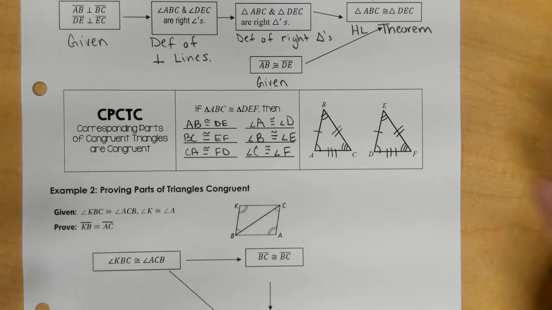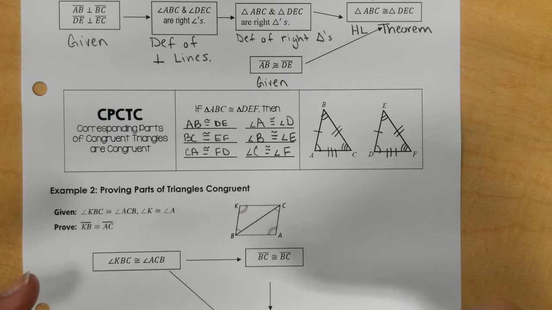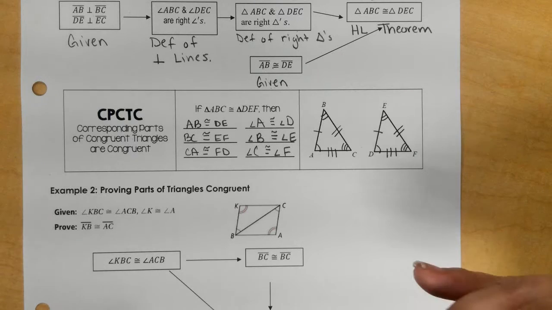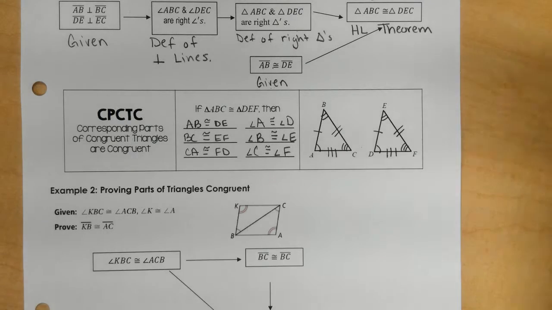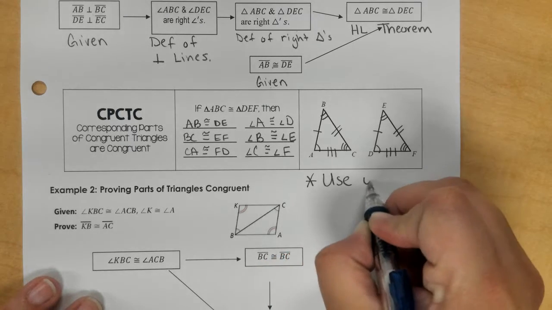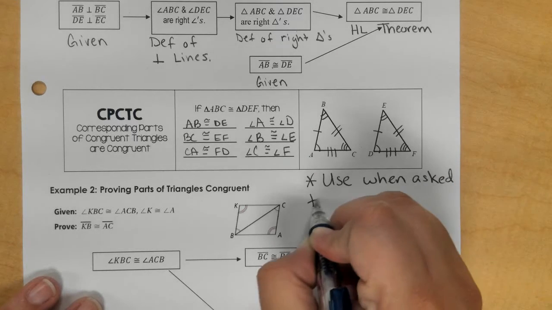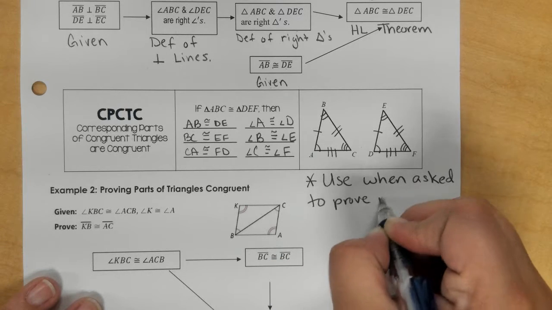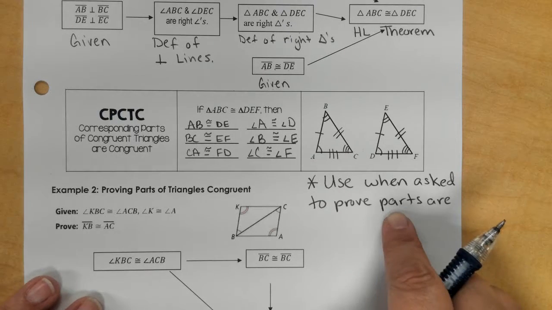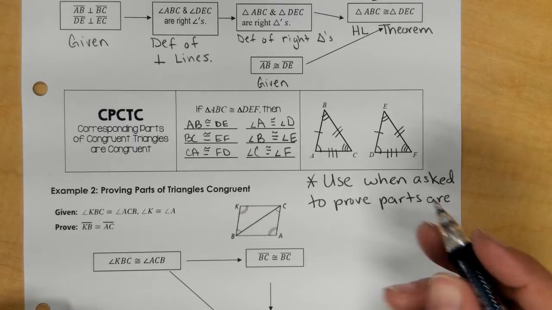So you can only use this when asked to prove parts are congruent in a triangle, but first you must prove the triangles are congruent. So I'm going to jot this down because I think it's important for you to reread it a couple times. First, you use this when you're asked to prove parts, like their angles and their side lengths and their angle measures, are congruent.